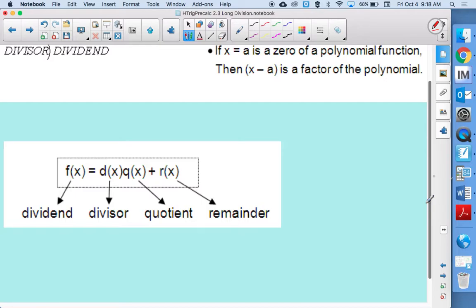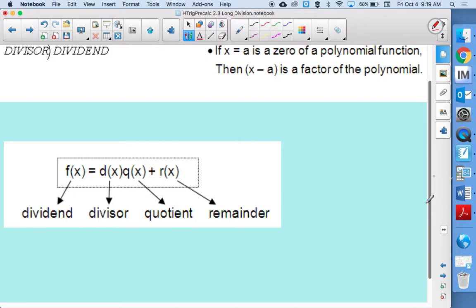So our function, the goal is to take a function and break it down. We're going to break it down using the divisor times the quotient. So what I was dividing with, the thing outside, times my answer. Because if I multiply those back together, I can go back to the original problem. Whatever's left over, the remainder, gets added to that afterwards. So divisor times quotient, what we were dividing with, times the answer.